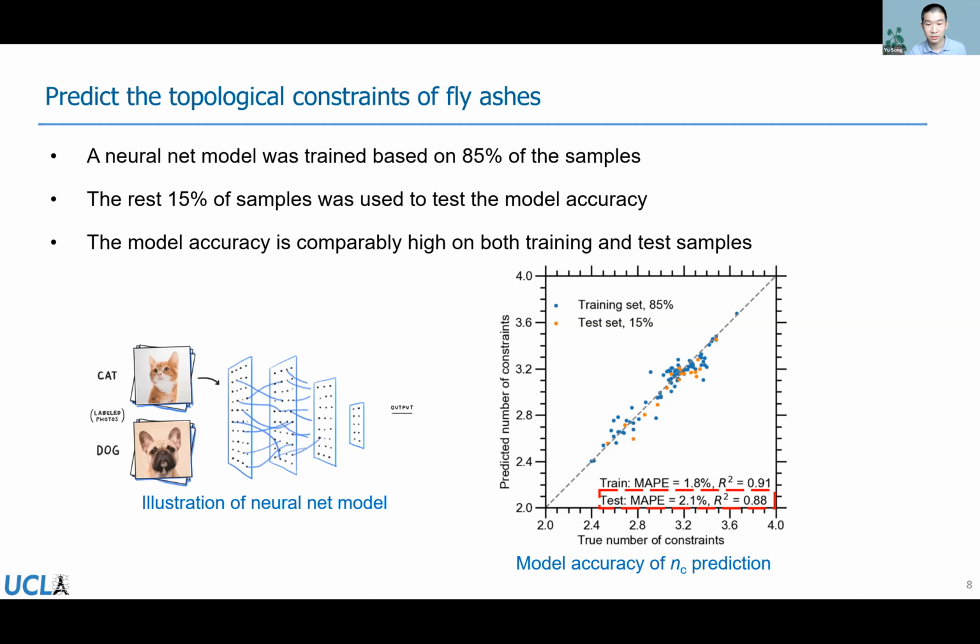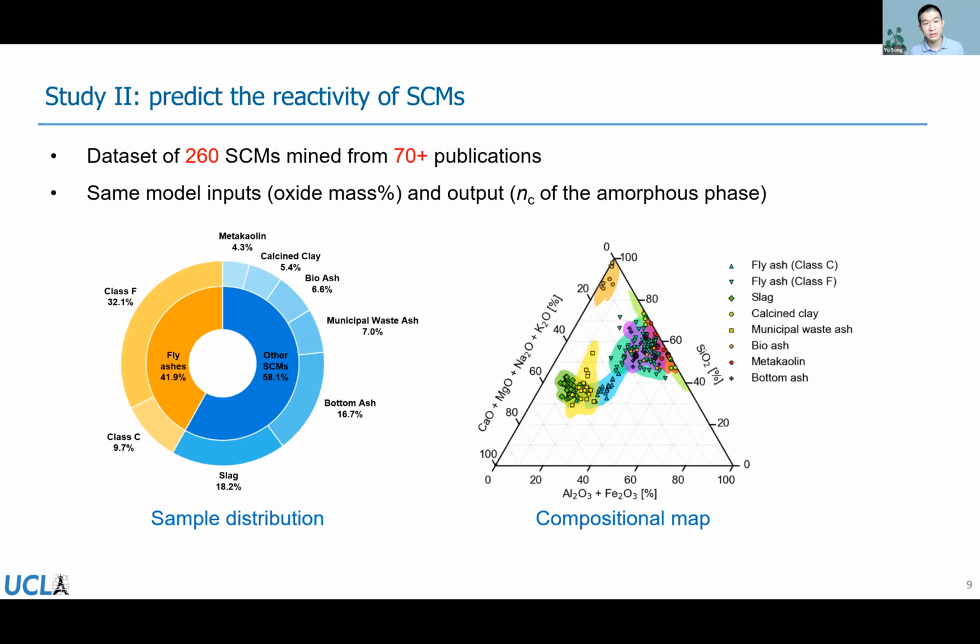Based on this study, we since extended our scope to cover more SCMs. In this second study, we built an even larger data set, and now it comprises more than 250 different SCMs, which can be categorized into 8 different types.